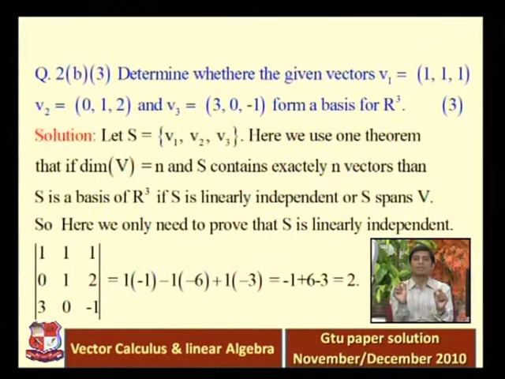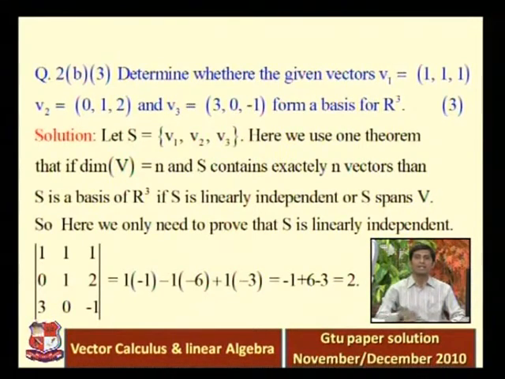S is a basis for vector space V if first, S is linearly independent, and second, S spans the vector space V. But using the statement of this theorem, which is written in the front of the solution, you can easily solve this example.